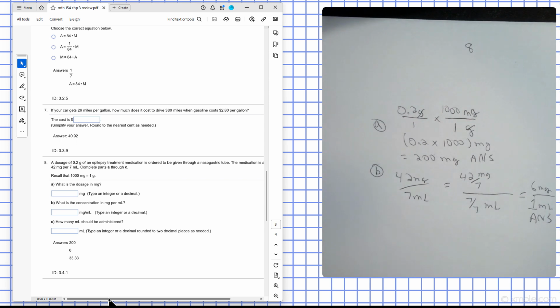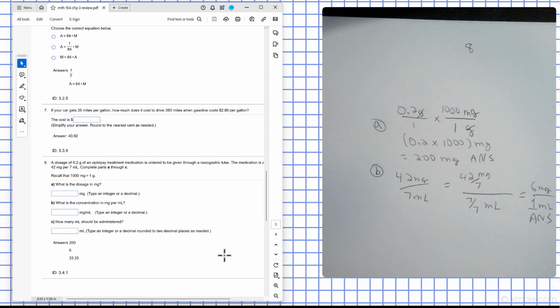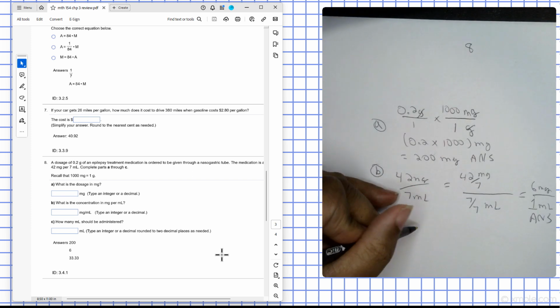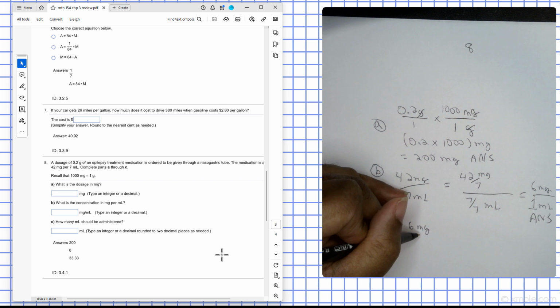And the last part here, how many mils should be administered? So what we're given here for C, we're given 6 milligrams for 1 milliliter.